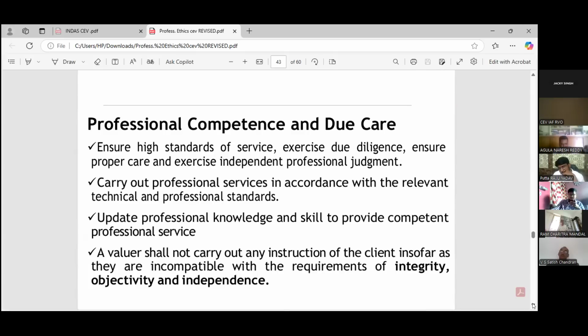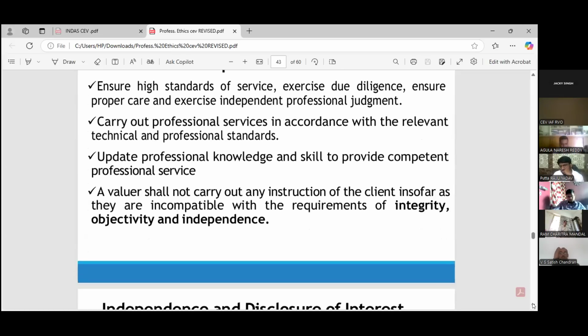A valuer shall not carry out any instruction of the client insofar as they are incompatible with the requirements of integrity, objectivity, and independence. Do not fall to the client.